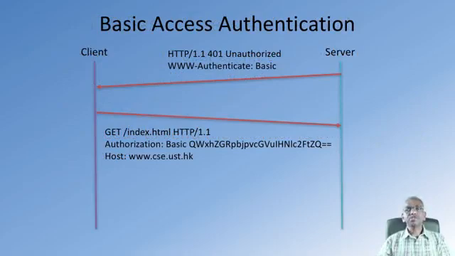So how does this authentication work? If a client sends a request to the server and this client request does not include the authorization information, then the server will challenge the client, asking for the client to submit this information.